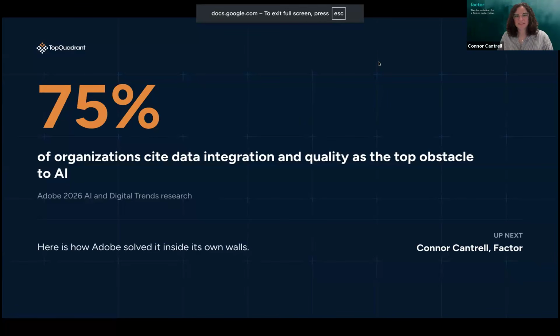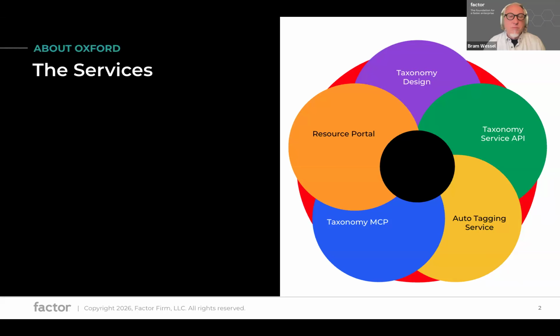Thanks, Ingrid. Let me get sharing here. Perfect. I wanted to start by introducing the part of Adobe which Rachel Madison brought the Factor team in to help with. The name for the comprehensive suite of services for taxonomy design, implementation, governance, and insights that Rachel has managed is called Oxford Taxonomy as a Service, or Oxford TAS.